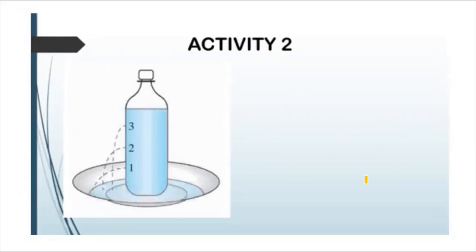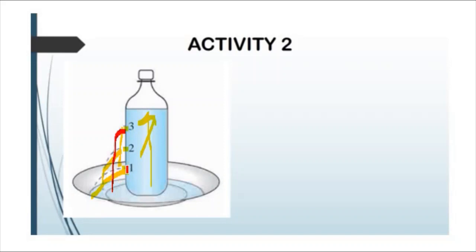Now activity 2. Take a plastic bottle, pierce it with a thick needle at the points 1, 2, 3 as shown in the figure. Fill water in the bottle up to full height. As shown in the figure, water jets will be seen emerging and projecting out. The water jet emerging from the hole at the top will fall closest to the bottle.